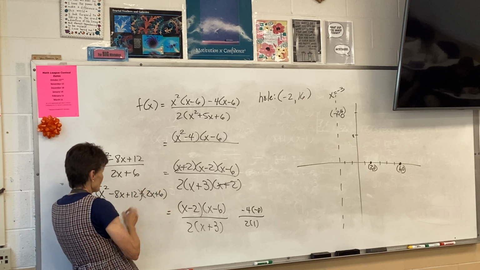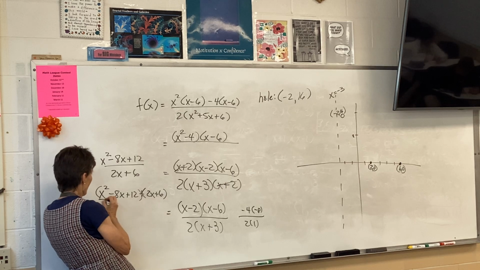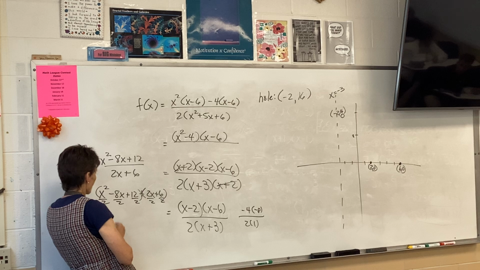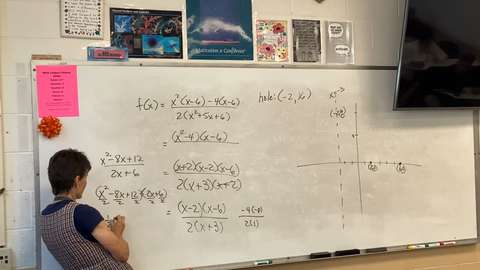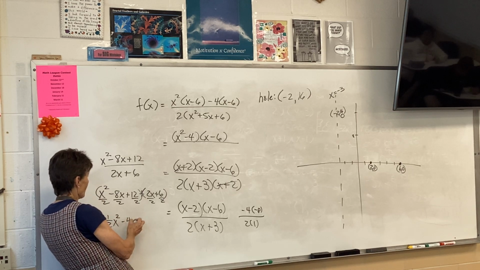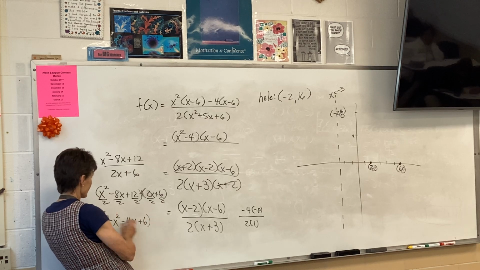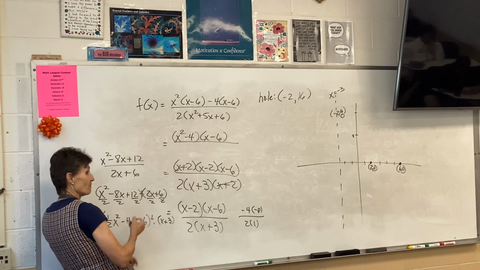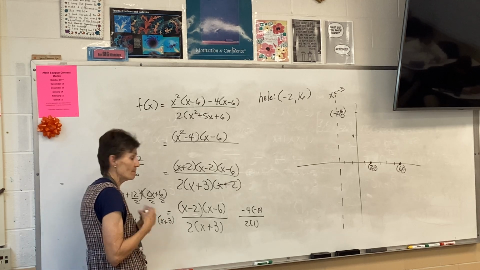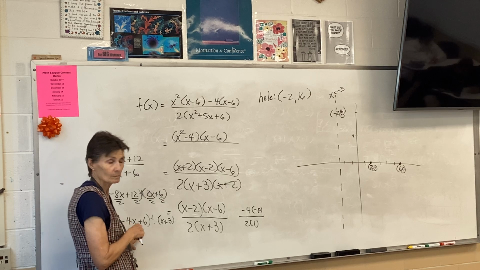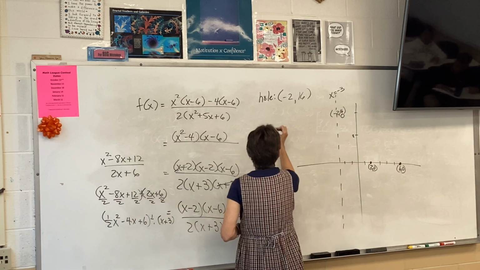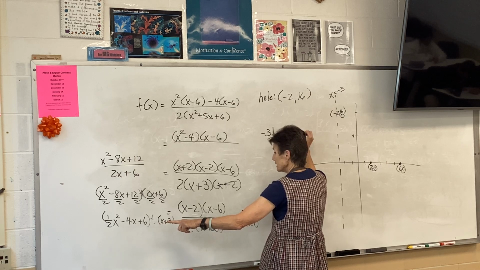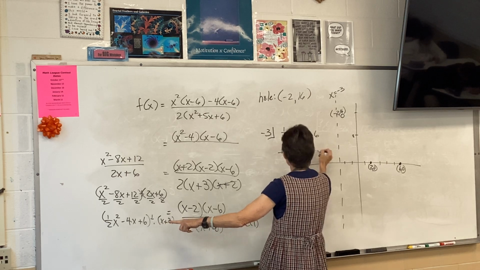I'm doing this division here. That's got to be a 1, so I'm going to divide all these by 2. So I'm actually going to be dividing 1/2 x squared minus 4x plus 6 by x plus 3. That's the division. If I do it synthetically, that's the division I have to do. So I'm just going to do it over here. So -3, and then 1/2, -4, and 6.